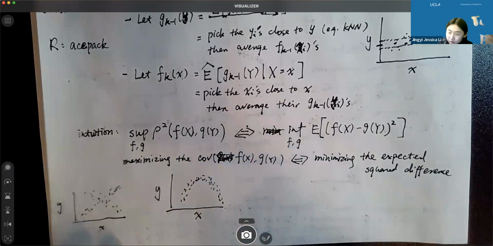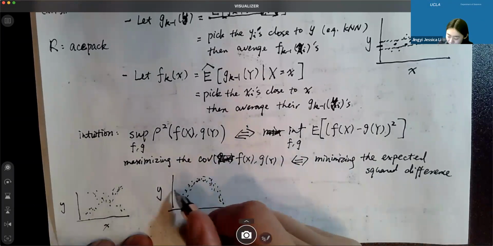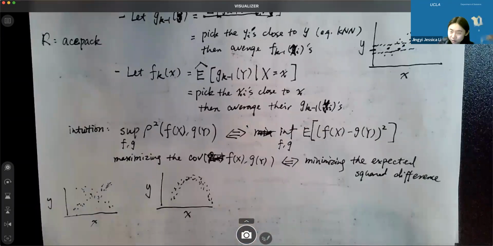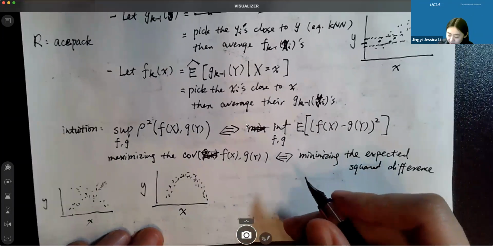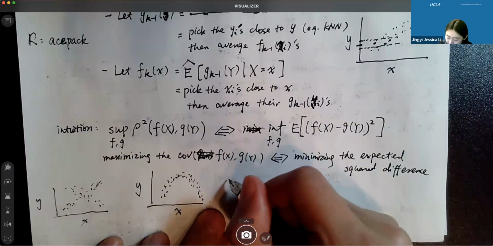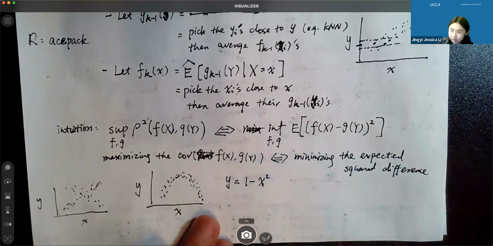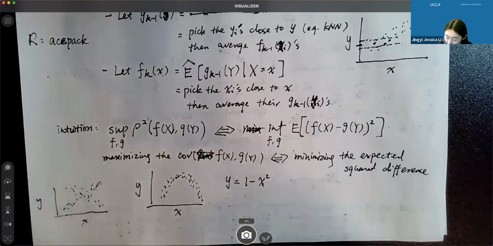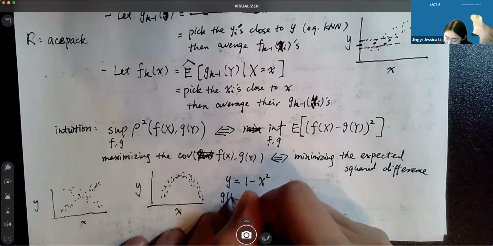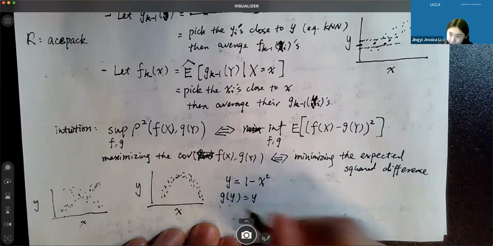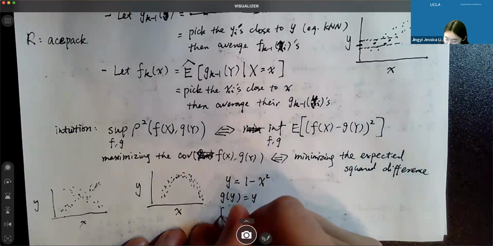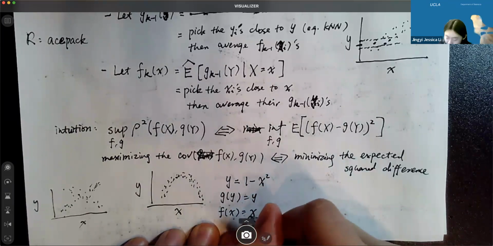So you don't need to make sure. In this case, let me just tell you why this doesn't matter. Let me just say that y is, I'm just making it up, 1 minus x squared. In this case, you can just say gy equals y, but you can set fx equals x squared, right?